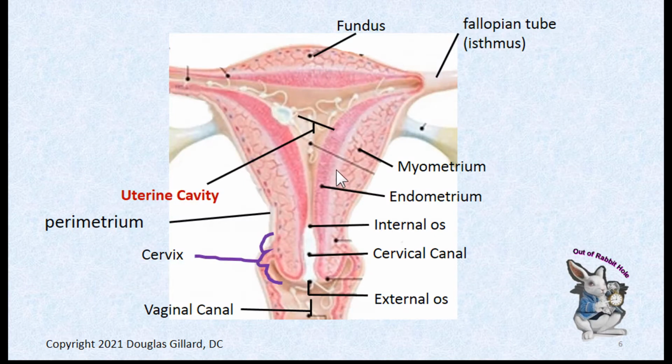The uterus has some layers, which Dr. Doe will get to in histology. It has an outer layer called the perimetrium. Not very exciting. It has a muscular layer called the myometrium. What does myo mean? The word myo means muscle, like myocyte. And then it has an inner layer called the endometrium.